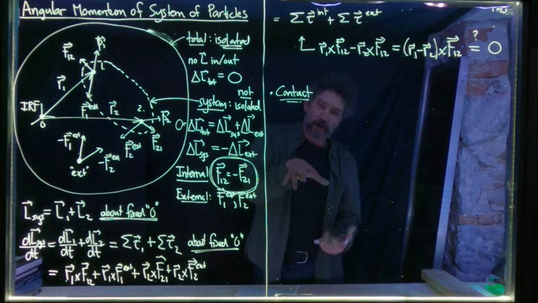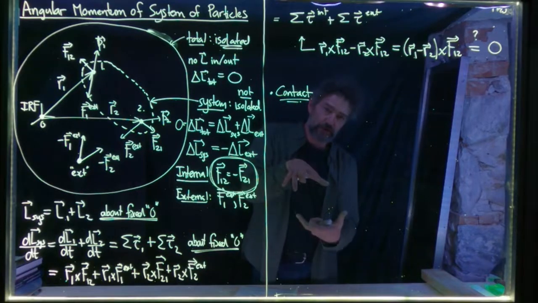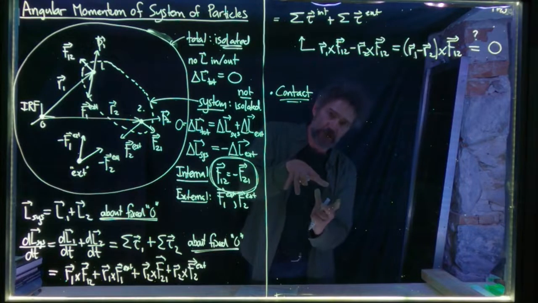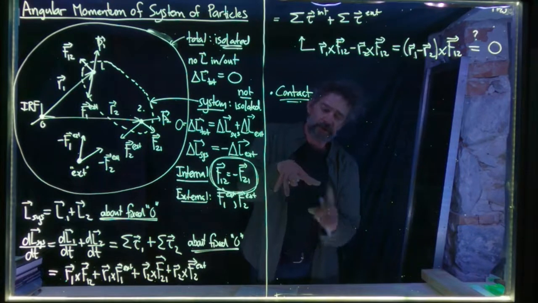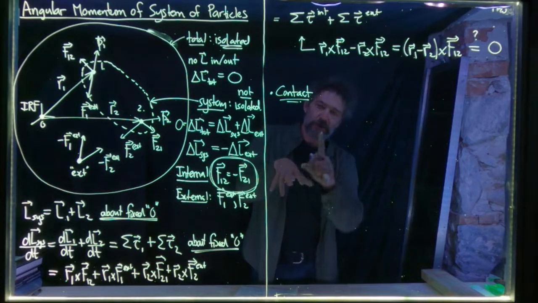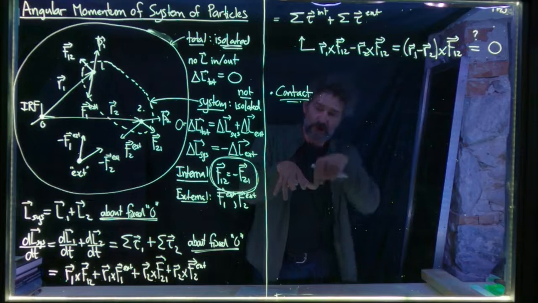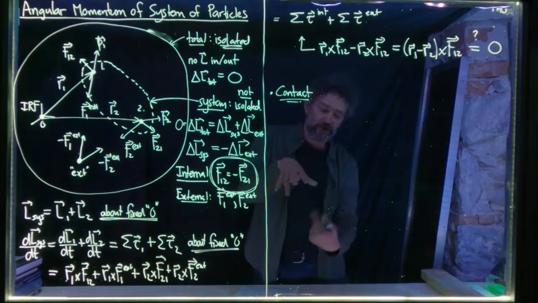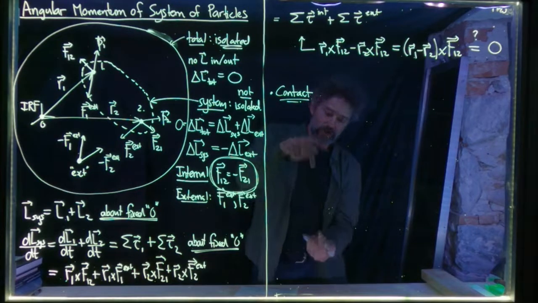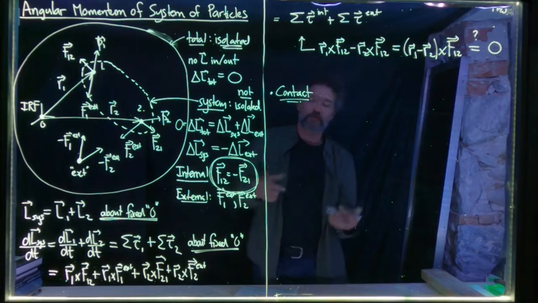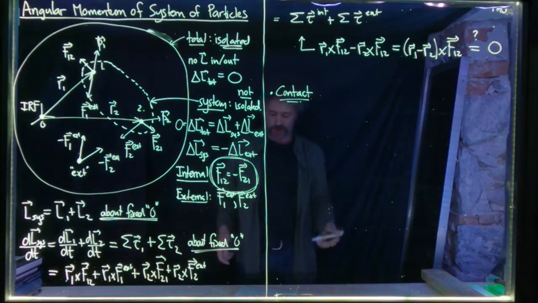At the same time, the bottom object is exerting a twisting force, or a torque, on the upper object in the opposite direction, slowing it down. Its angular momentum used to be large in this direction, and so it's going to be decreasing. The angular momentum transfer to the top object is down, and the angular momentum transfer to the bottom object is up, and so the total angular momentum of that system of two disks doesn't change.